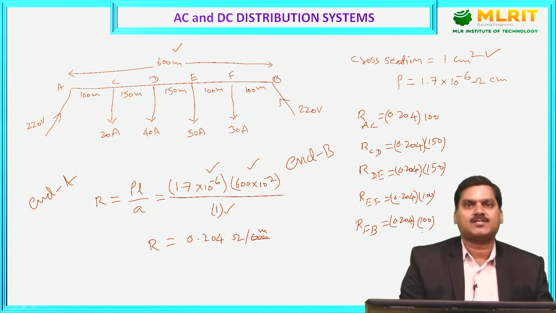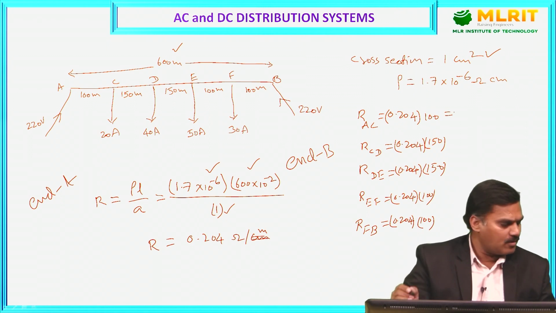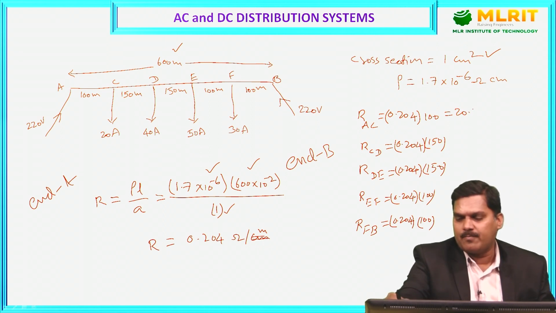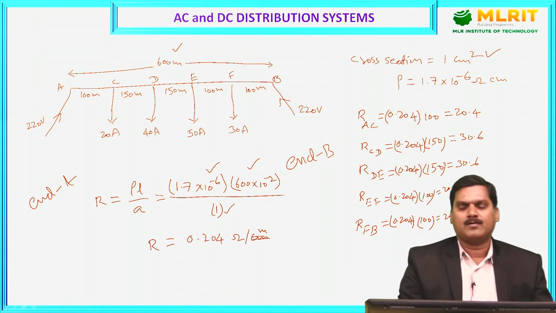RAC comes around 20.4 ohm, RCD 30.6 ohm, RDE 30.6 ohm, REF 20.4 ohm, and RFB is also 20.4 ohm.